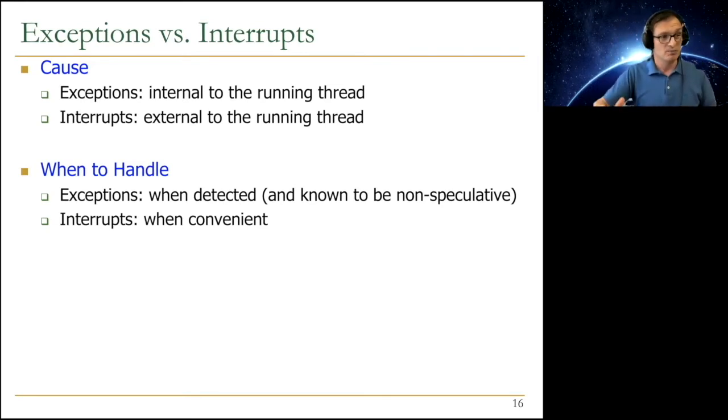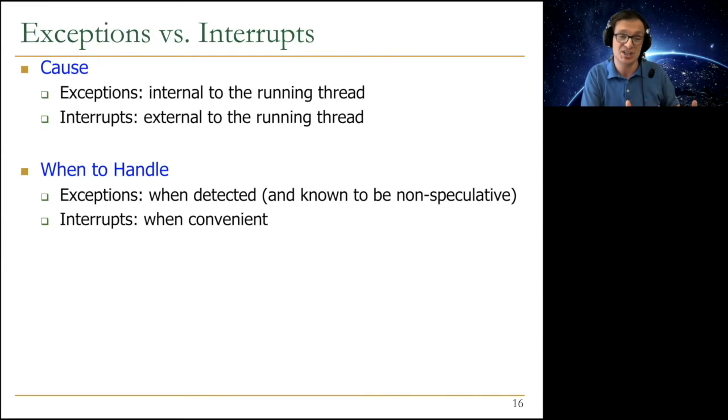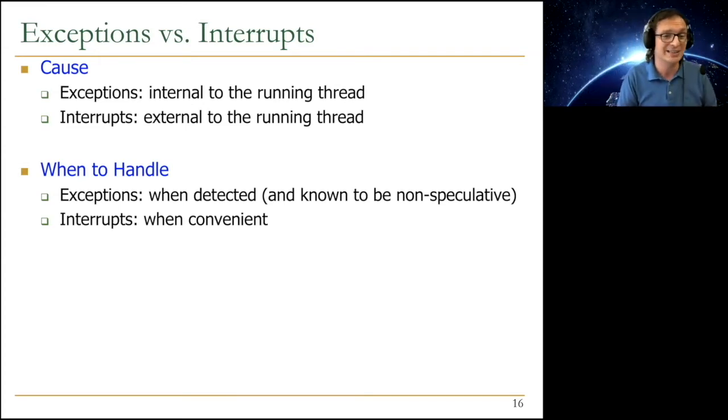Because the earlier instructions did not even finish yet, and you don't even know whether this instruction should have been fetched and executed. So if you handle the exceptions in a speculative manner, you're actually violating the von Neumann model also. So you need to handle the exceptions when you know this is the instruction that's the oldest in the machine. Okay, so that's going to be even more clear when we discuss reordering later on.